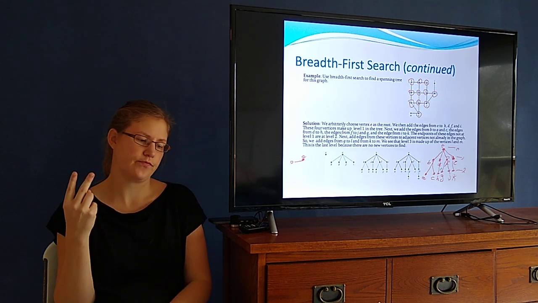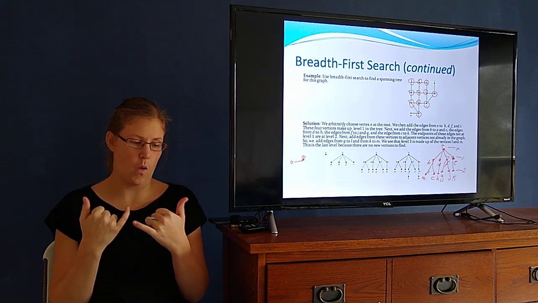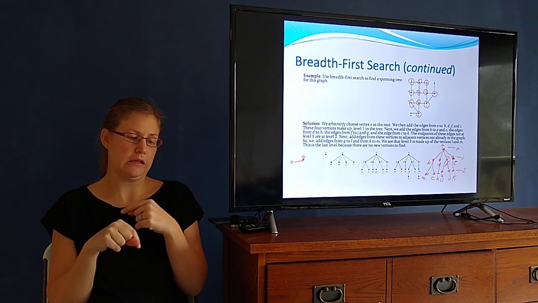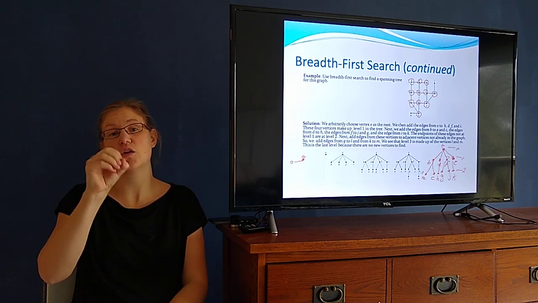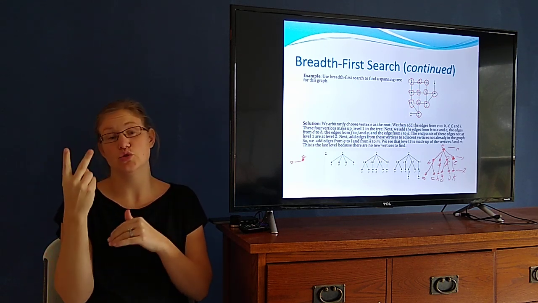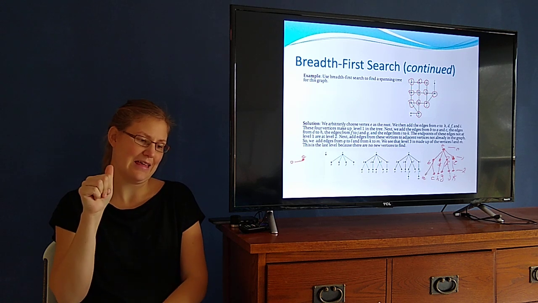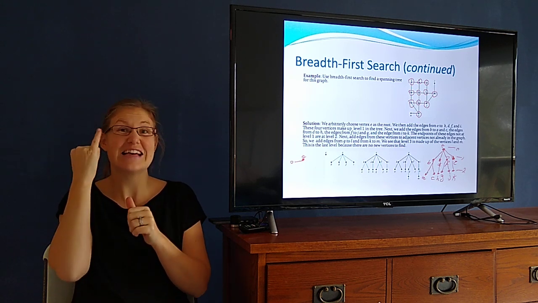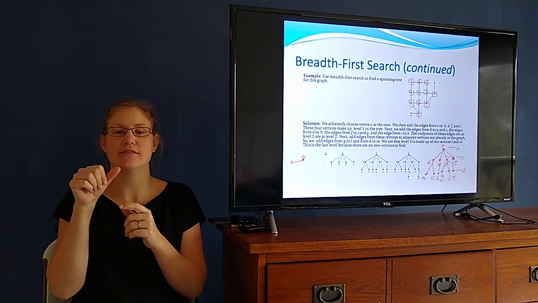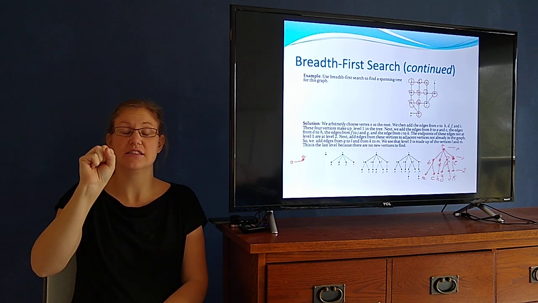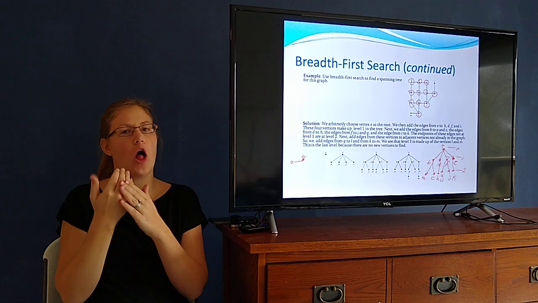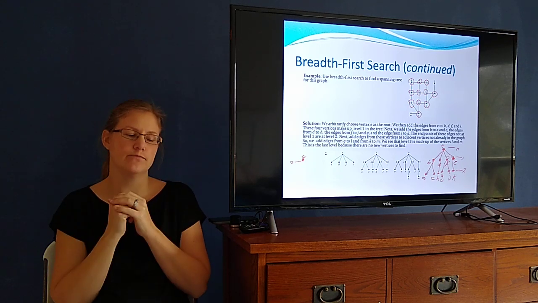Now let's go back and run the algorithm again on level 2, starting from A. Is there any incident edge to node A? No, all of them have been visited.